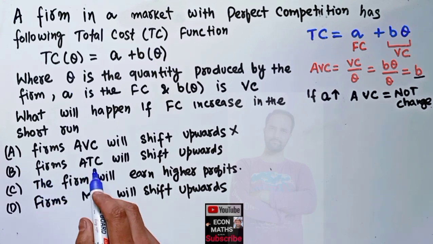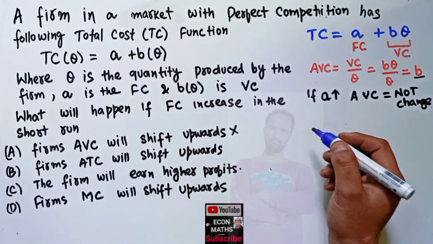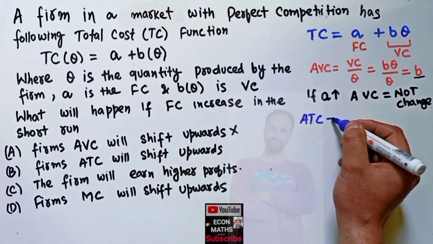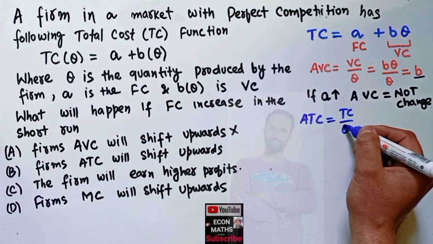The second option is: firm's average total cost will shift upwards. What is average total cost? That is simply total cost upon output.